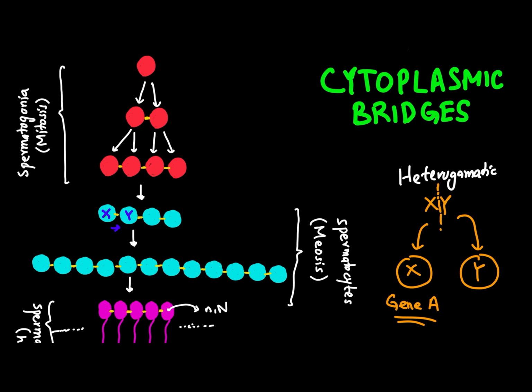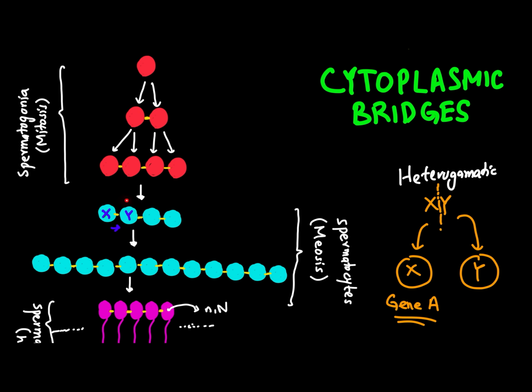And that protein, with the help of these bridges, these highways, these connections that connect the different spermatocytes with one another, will be transported from the spermatocyte that has the X chromosome to the spermatocyte that has the Y chromosome.